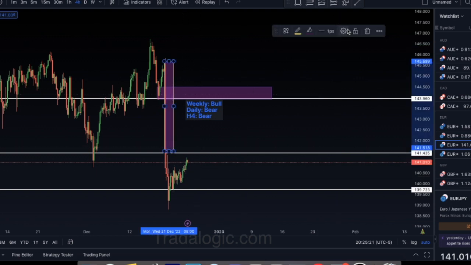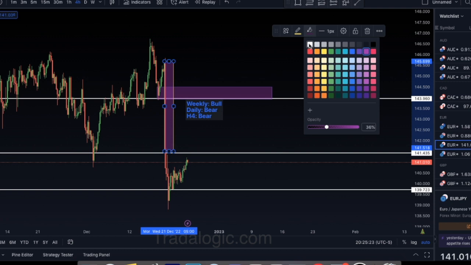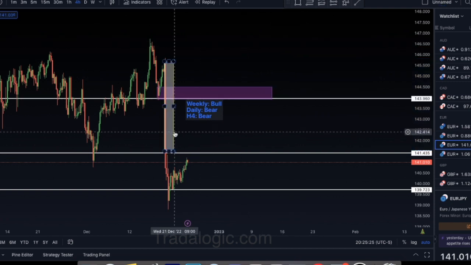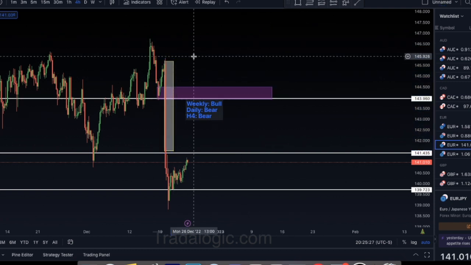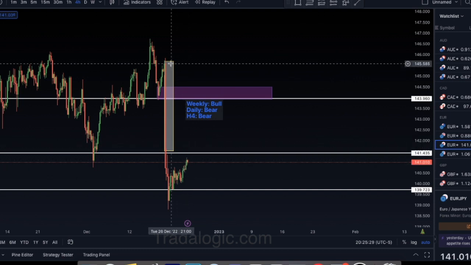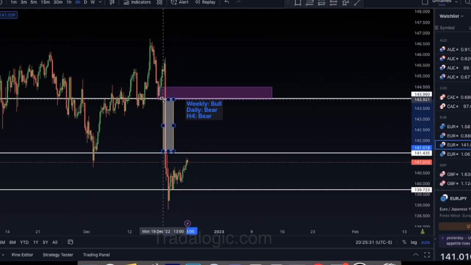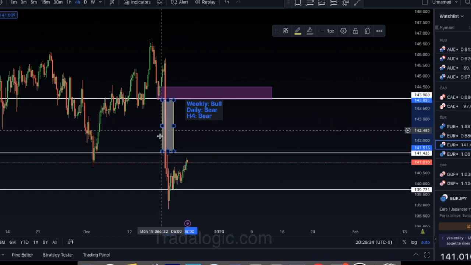So we have the imbalance right here, and what I'm seeing happening right now is the market will push and fill this imbalance, this gap right here. This is a big gap.